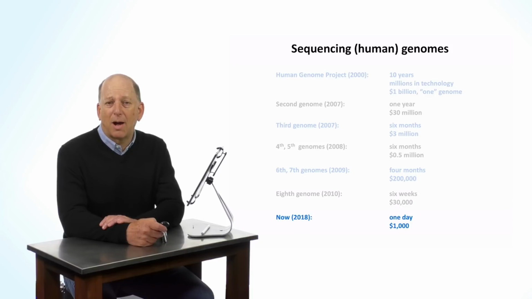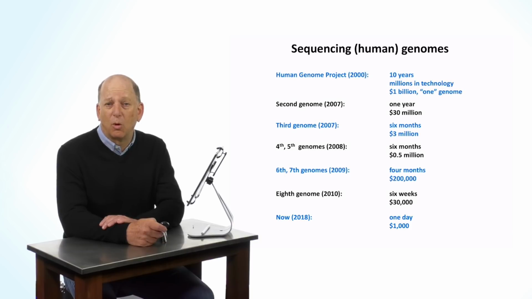It is now not possible to keep track of the number of human genomes that have been sequenced, but the time and cost has continued to come down so that under some circumstances, a genome can be sequenced in about a day for about $1,000. Furthermore, similar benefits have been achieved for all of the model organisms we study and many other species too.